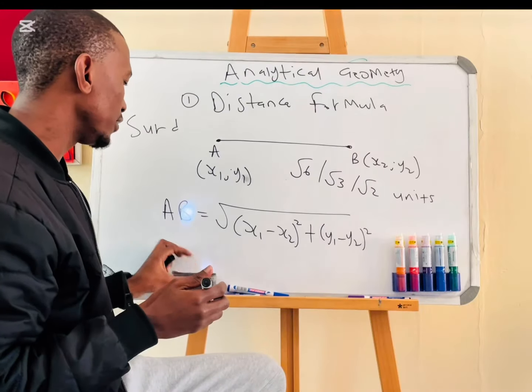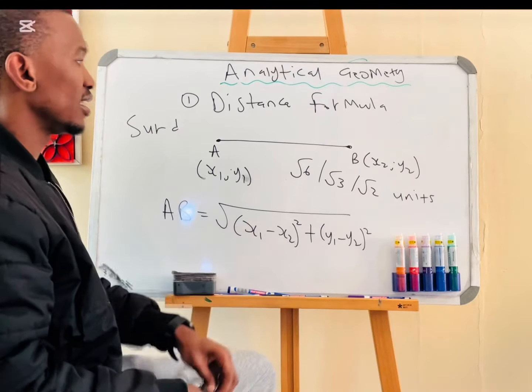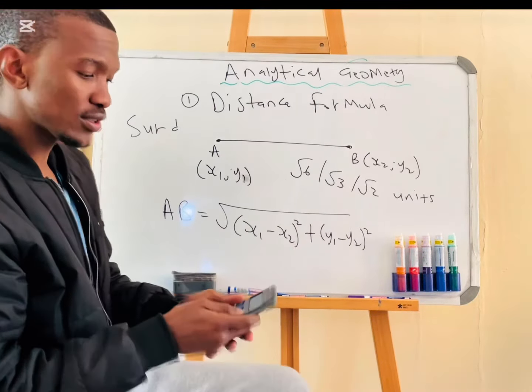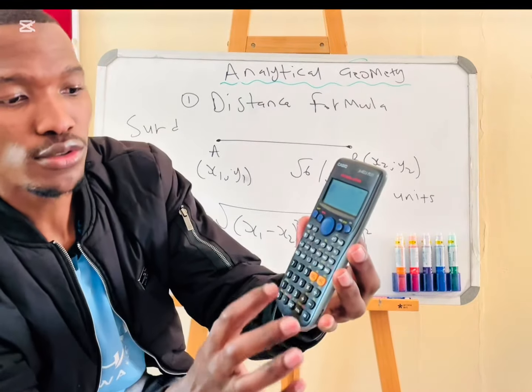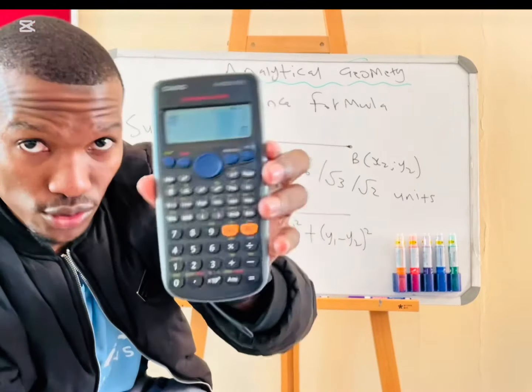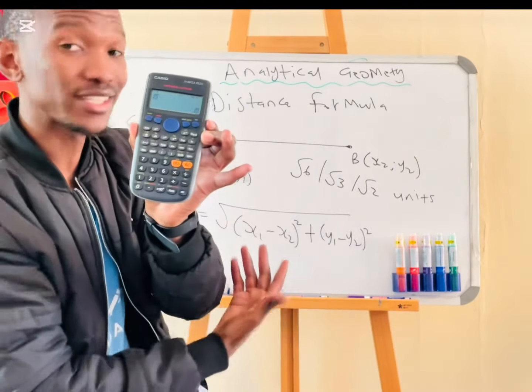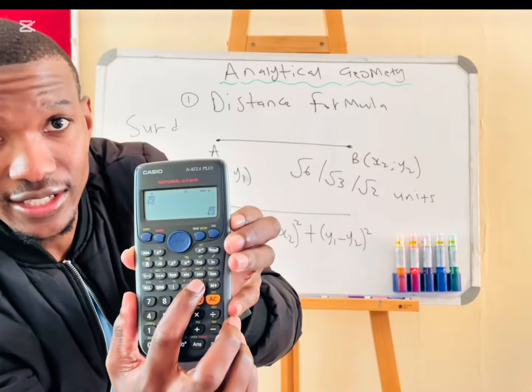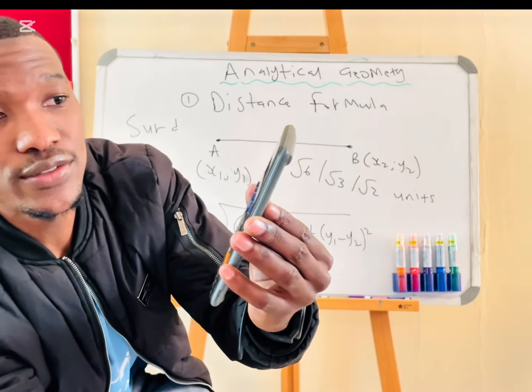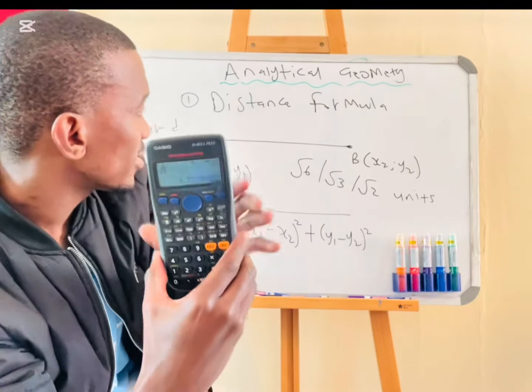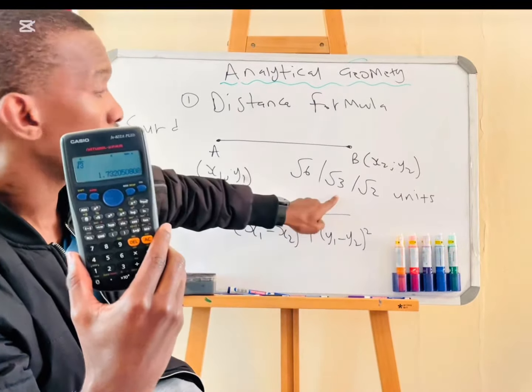If they say leave your answer in 2 decimal places, and you got the square root of 3, let me show you something. On your calculator, type the square root of 3 and press equals. You get the surd form, which you can't change because it's an irrational number. You just press the convert button here, and it's going to give you 1,73. So your answer is going to be 1,73.